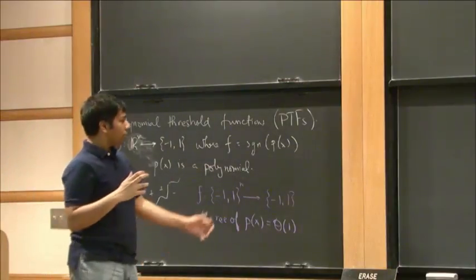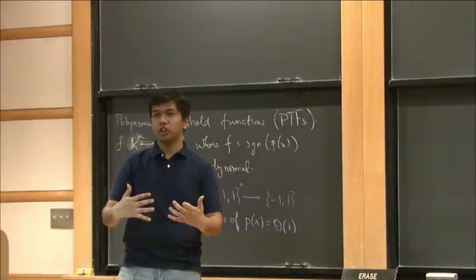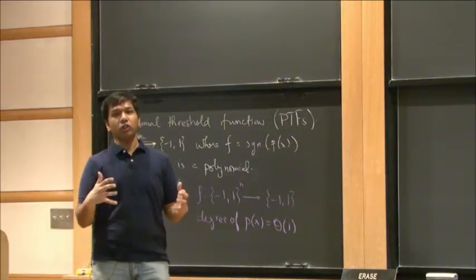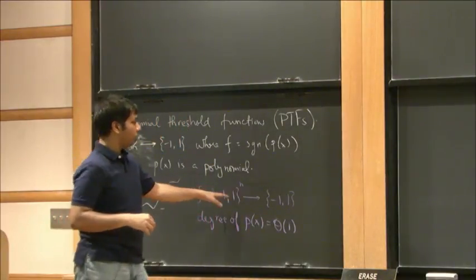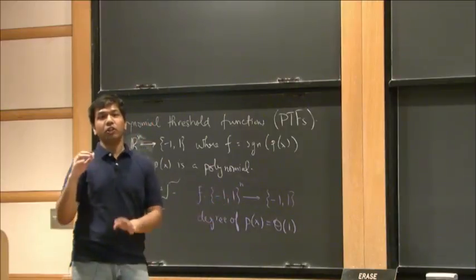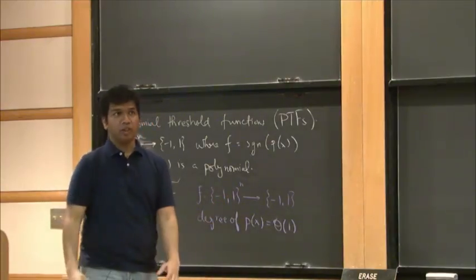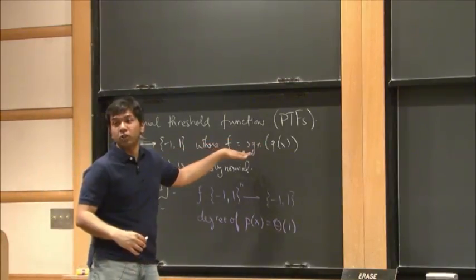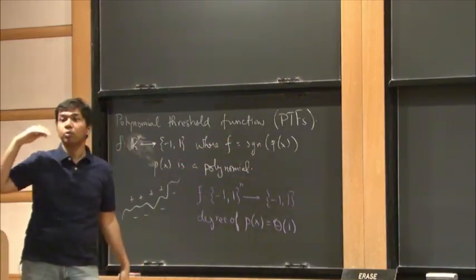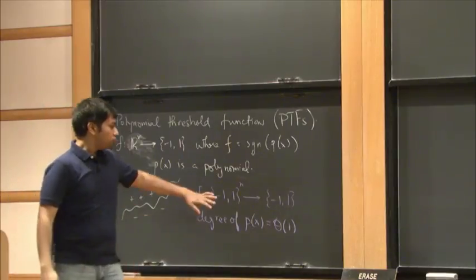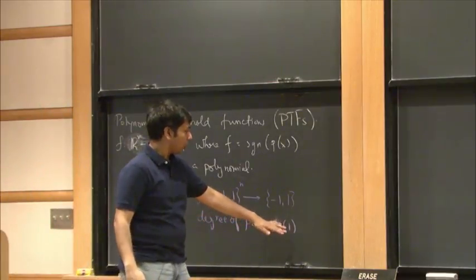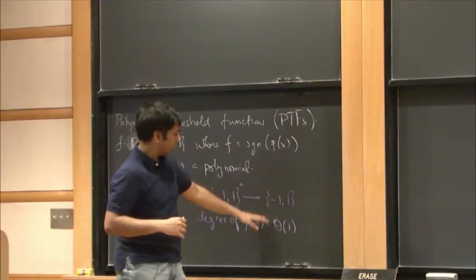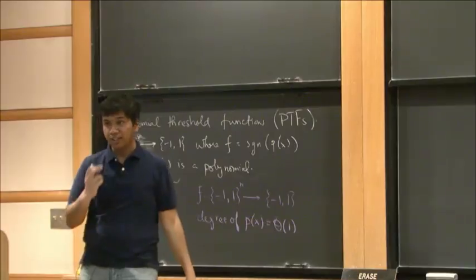While in principle you can study polynomial threshold functions where the polynomial is of arbitrary degree, it's not very useful, because if you consider Boolean functions over the hypercube, you can always represent them as a polynomial threshold function with the degree blowing up to maybe n. So throughout this talk, we are going to think about polynomial threshold functions where the degree of the underlying polynomial is an absolute constant.